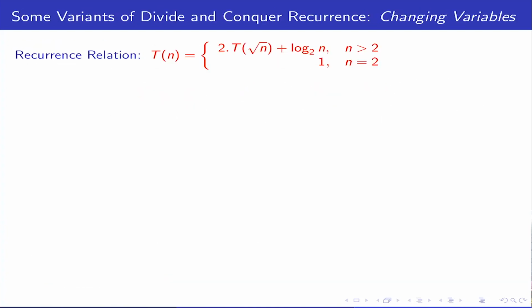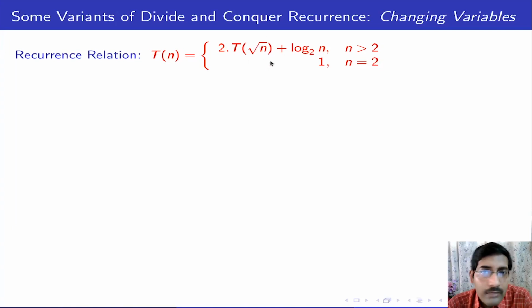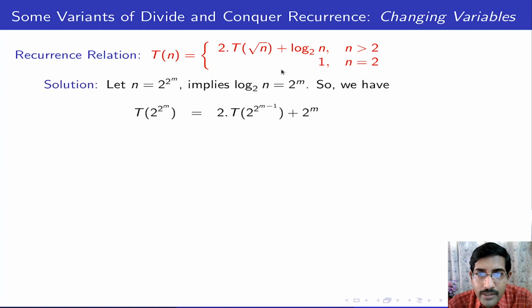However, change of variables helps us when we have a variety of recurrence form which is not like what we studied or formulated: 2T root n plus log n. So it's not n by b format, at n by b, we are not seeing it anywhere. So what to do about it?